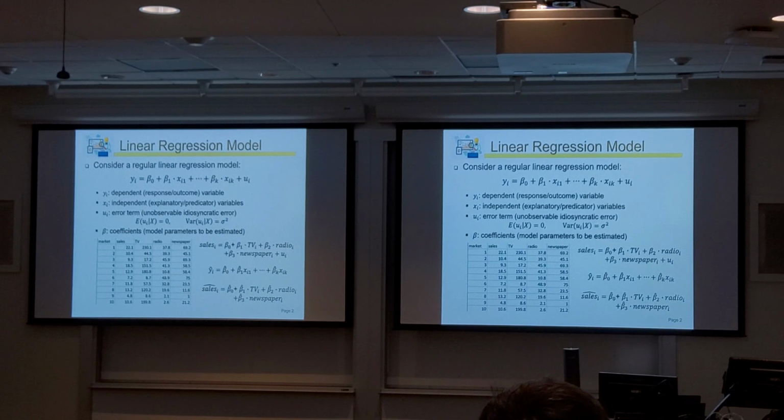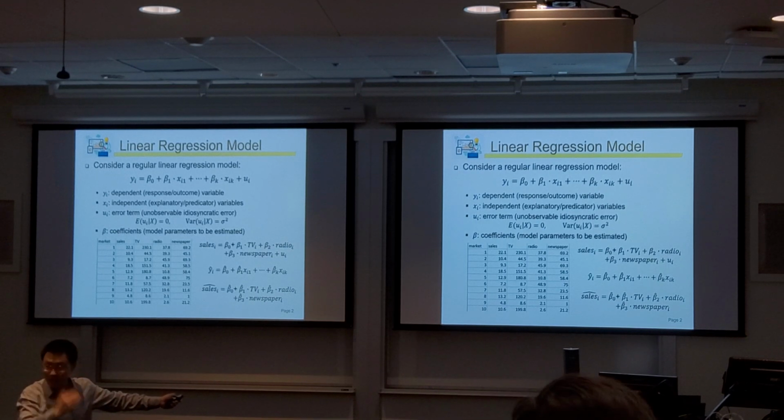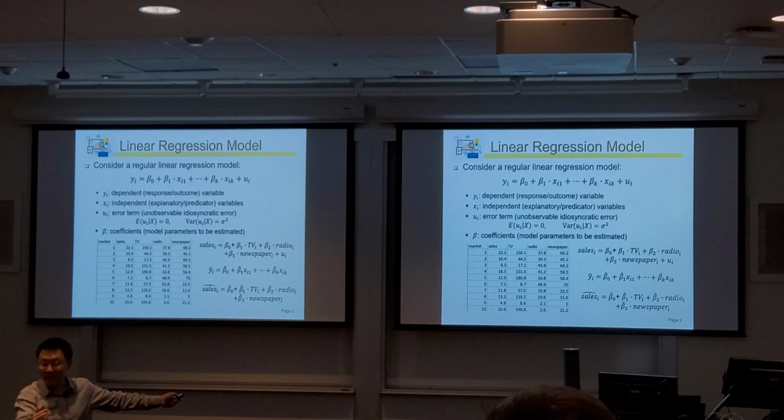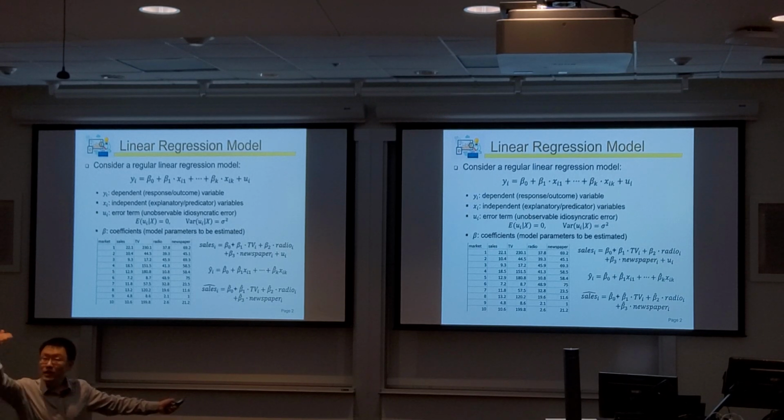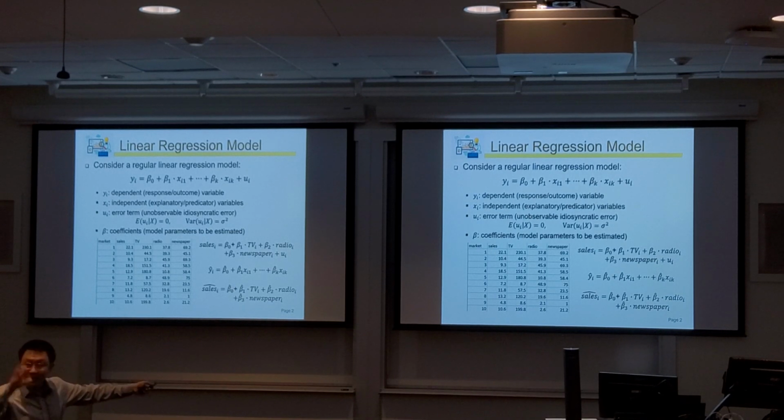This assumption says that no matter what value the X variable takes, whether a person stays in school all the way to a PhD or MD degree, or a person stops their education after, say, high school, the error term distribution, the expected value of this error term, is the same.